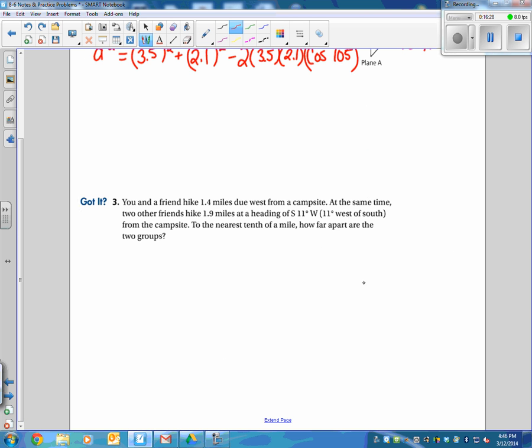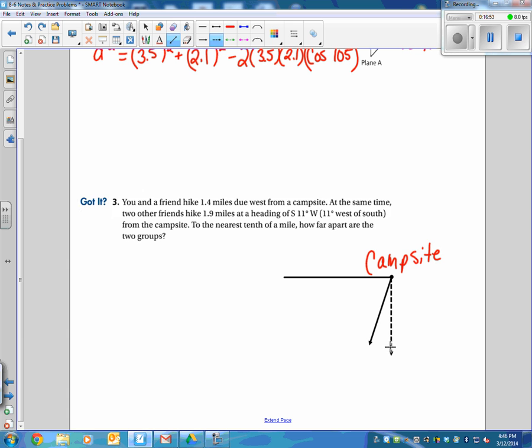On this one, it's a little bit different because we're going to start at our campsite, right? And then we're going to say that one group is going to take off due west. So that's going to be completely west. And then one group is going to take off and move southwest. Okay, so we'll say they're moving southwest right here. And they gave us a measurement of how far off southwest they were, off of south, right?